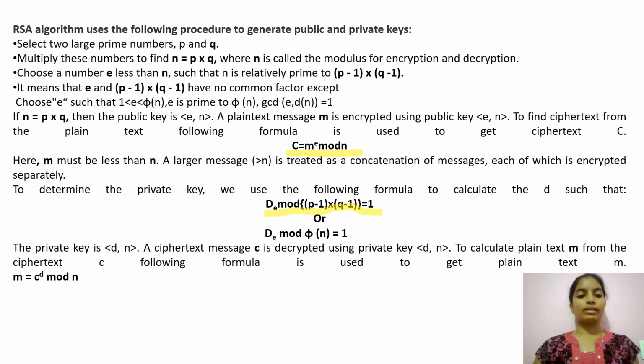Then the private key is D comma n, and the ciphertext C is decrypted using the private key D comma n. To calculate the plain text M from the ciphertext C, the formula is M is equal to C power D mod n.